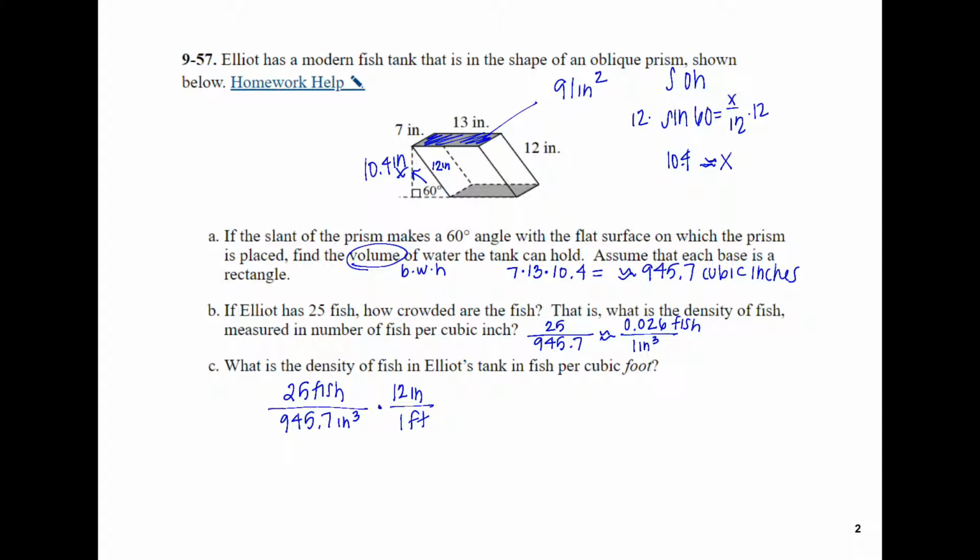But because we're talking inches cubed here, we need to multiply 3 times by 12 inches per 1 foot, which will give us approximately 45.68 fish per 1 cubic foot.